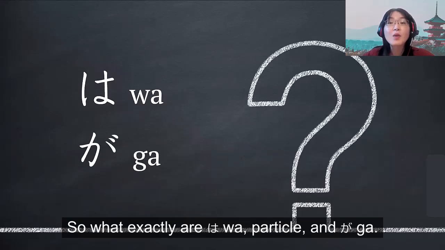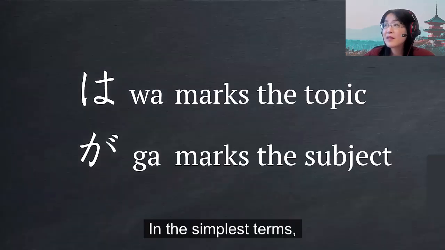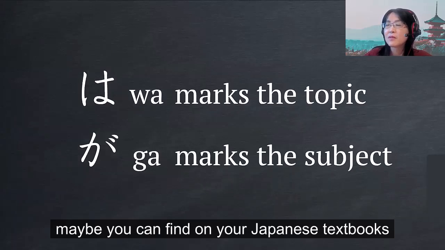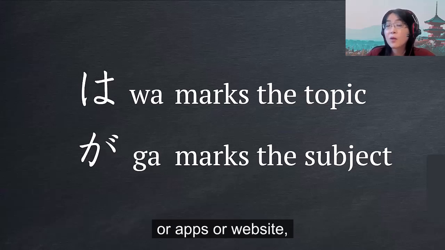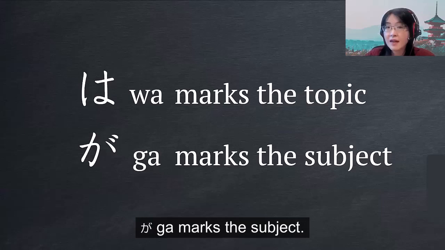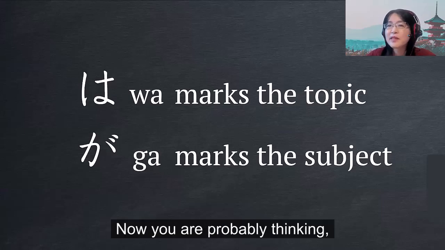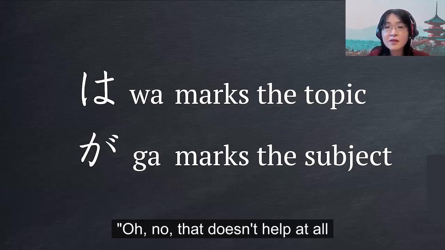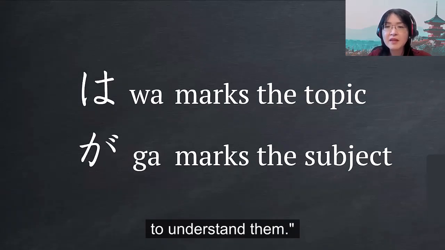So what exactly are the particles wa and ga? In the simplest terms, as you may find in your Japanese textbooks or apps or websites, wa marks the topic, ga marks the subject. Yes, I know. Now you are probably thinking, oh no, that doesn't help at all to understand them.